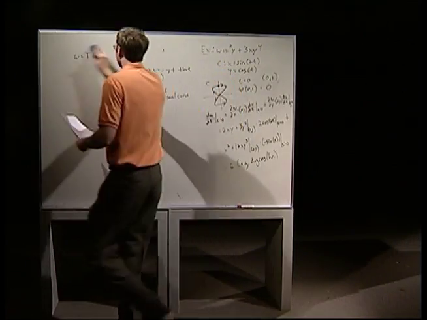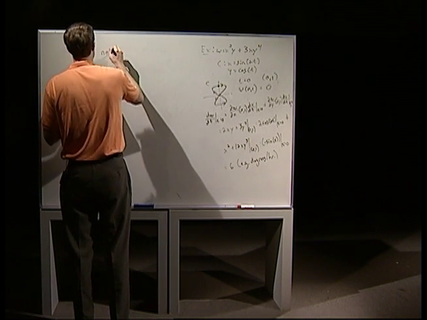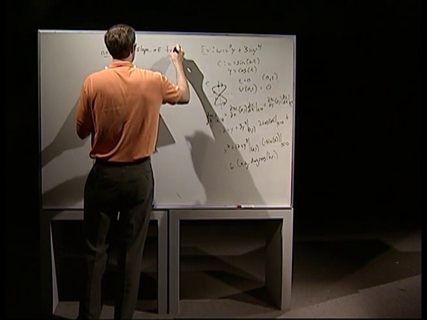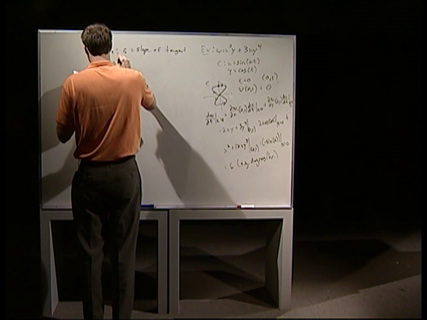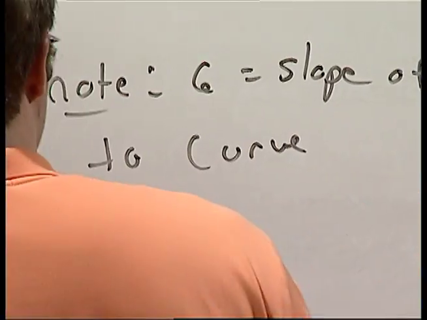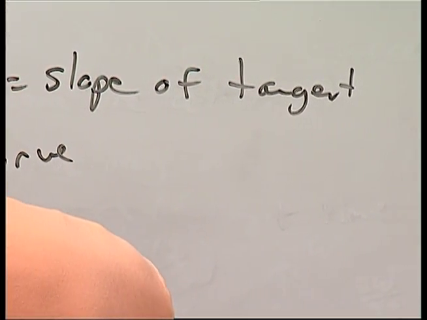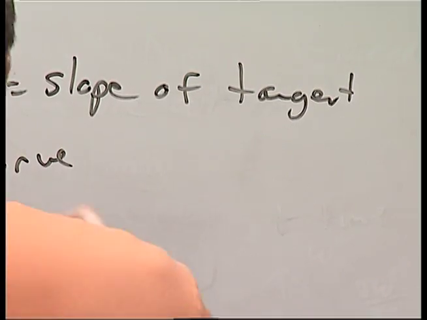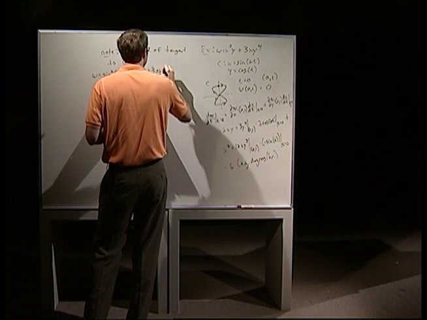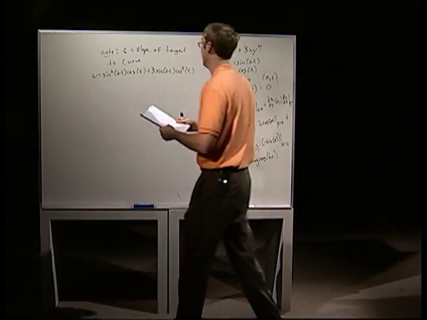And actually, we could even be more concrete about it. We can say, note 6 is the slope of the tangent to the curve. And if I jam everything in up here and make this a function of one variable, what on earth do I get? I get sine squared 2t times cosine t plus 3 sine 2t cosine to the fourth t.